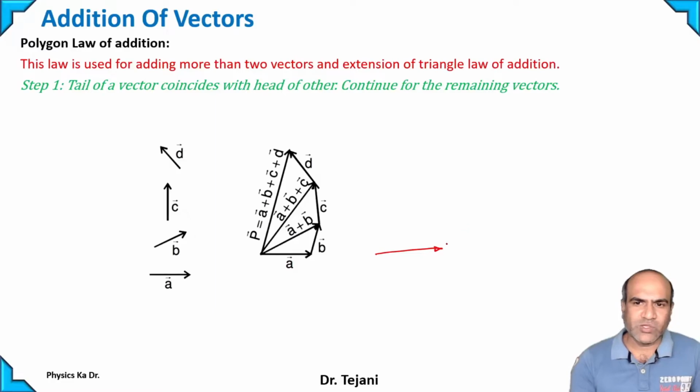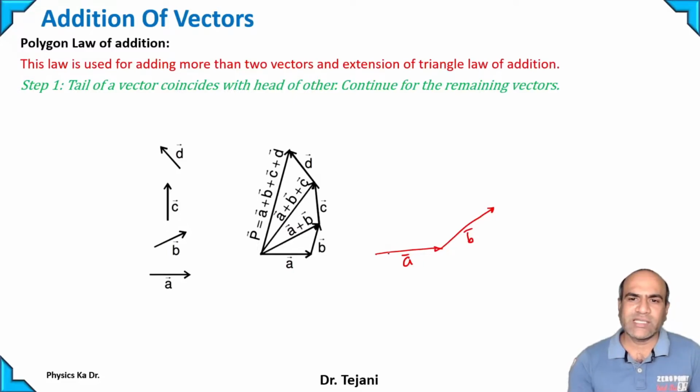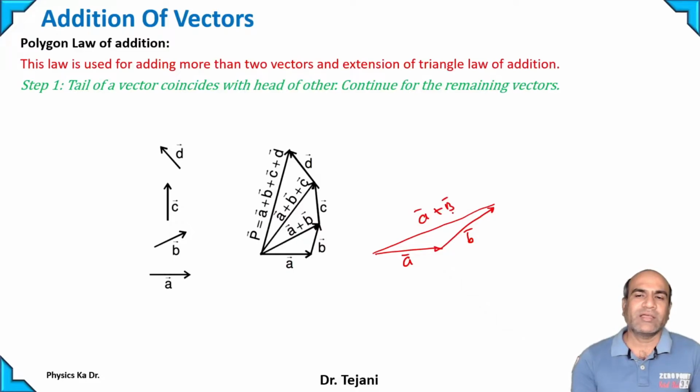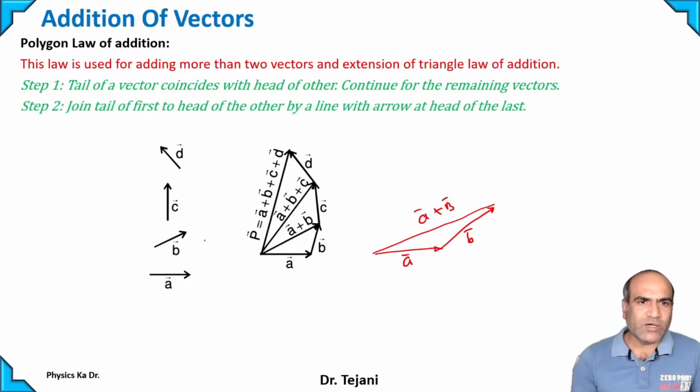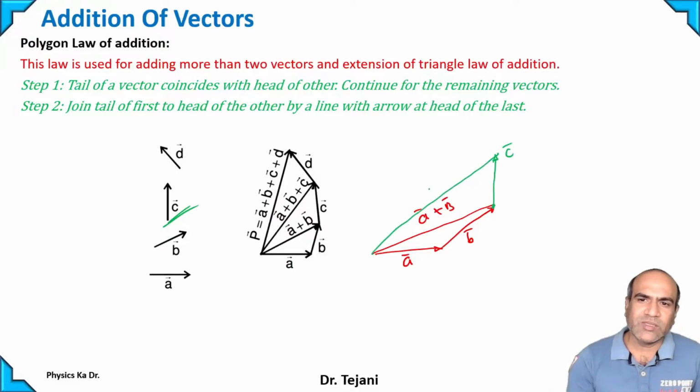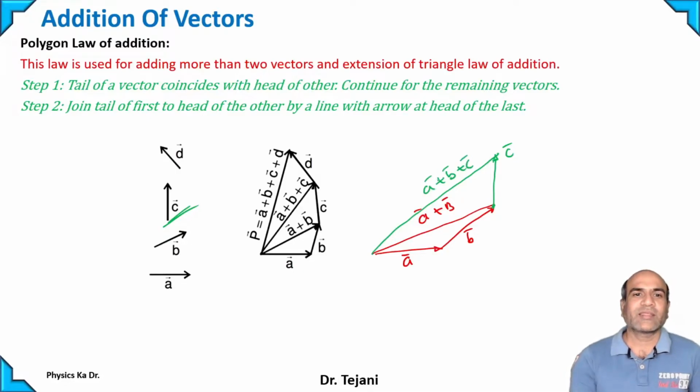This is the A vector; join the tail of the next vector, and this gives the resultant A bar plus B bar. Now next, join the C vector from this end in the same direction. So this gives A plus B plus C vector.